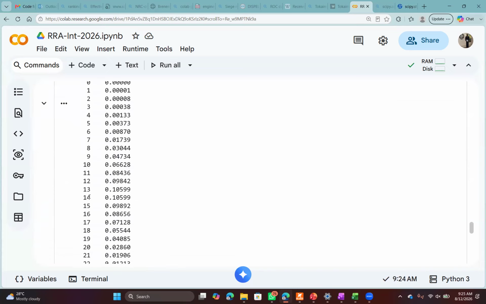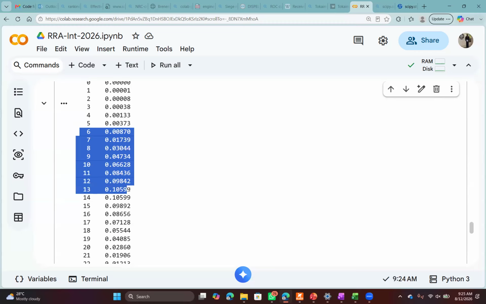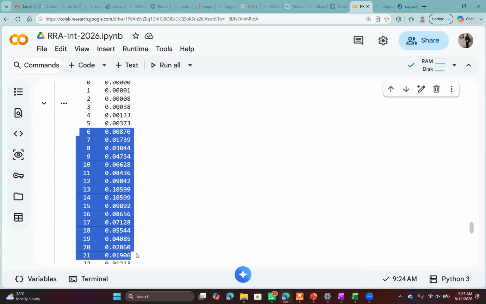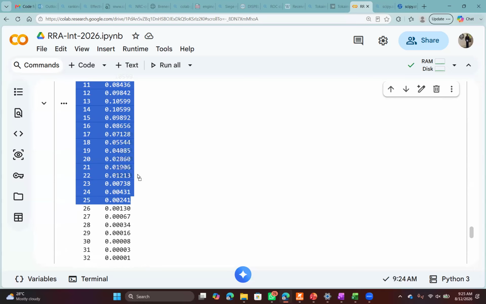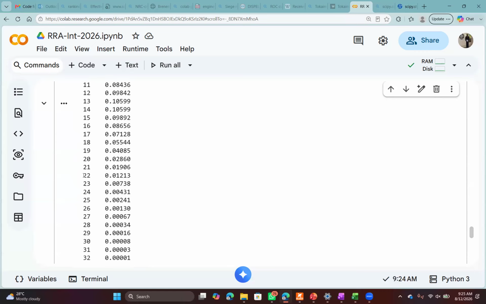So 14 minus 8 would settle at 6, and you have this probability. And if you go 14 plus 8, that is 22, so you have this probability. But you can consider plus minus 3 standard deviations to be on an even safer side. That's how we generate the probabilities.